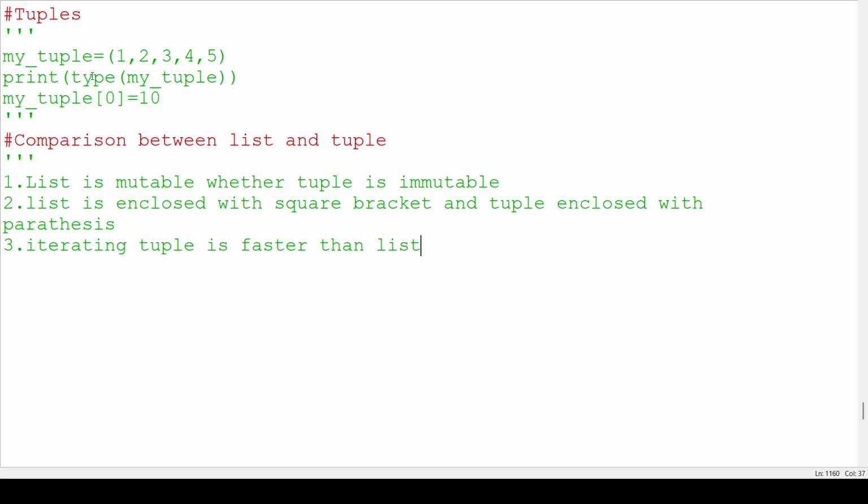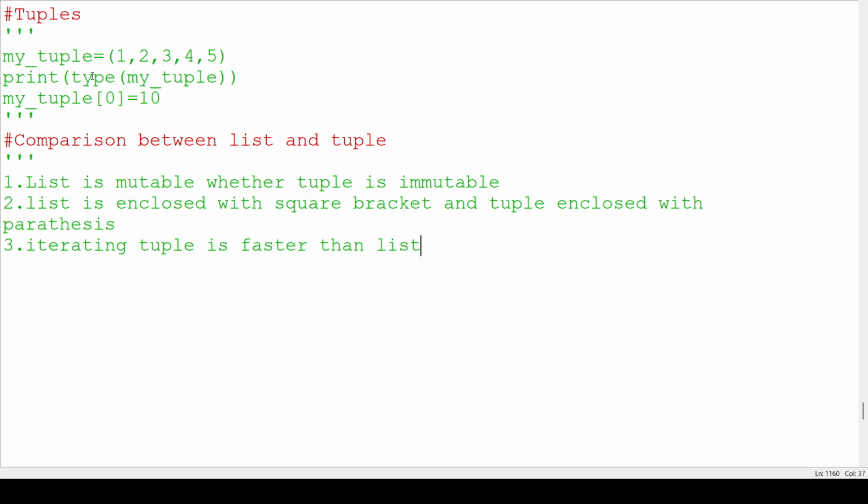Iterating is nothing but accessing the values. For example, my tuple equal to 1, 2, 3, 4, 5. Then for i in tuple, print i. It will be much faster compared to a list. If you do the same with a list, it will be a little bit slower. Iterating elements in a tuple is faster than a list.